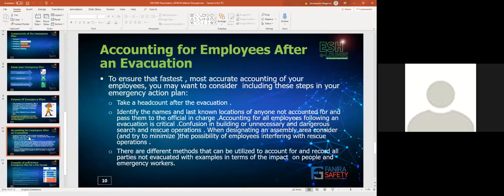You may want to consider including these steps in your emergency action plan. Let's always ensure that we take a head count after evacuation.